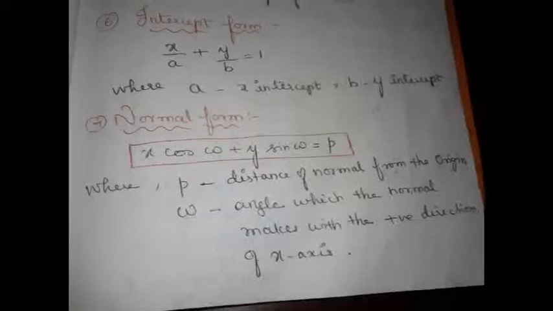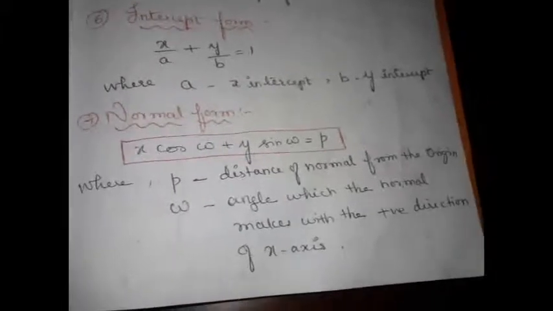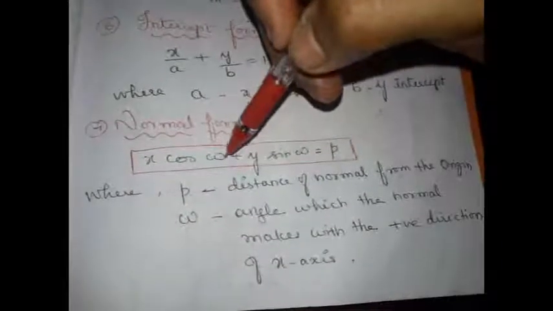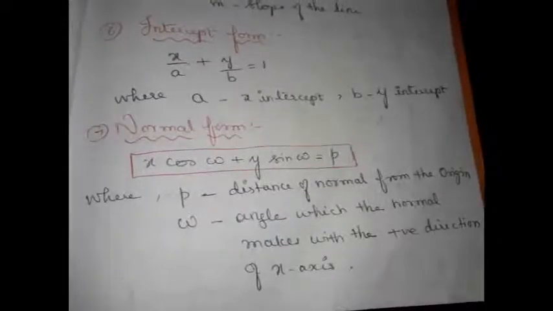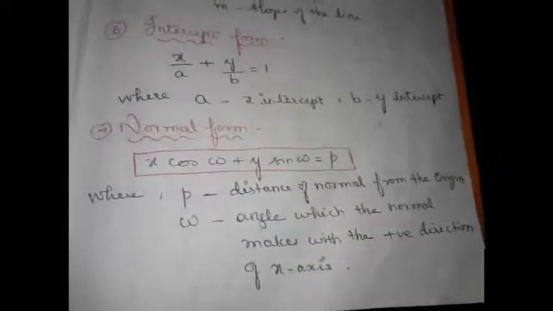Normal means a perpendicular line drawn from the line to the origin. These are the various forms of the equation of a line. So keeping all these things in our mind, let us get back to our exercise.